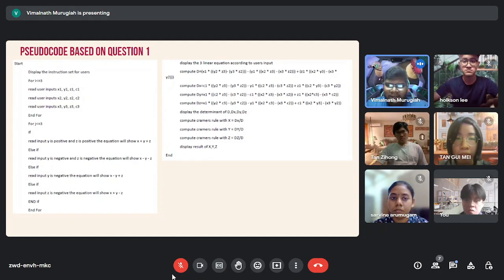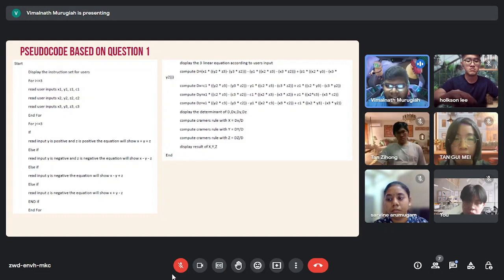For determinant x, which equals c1 times in bracket y2 times z3 minus y3 times z2, minus y1 in bracket c2 times z3 minus c3 times z2, plus z1 times in bracket c2 times y3 minus c3 times y2.